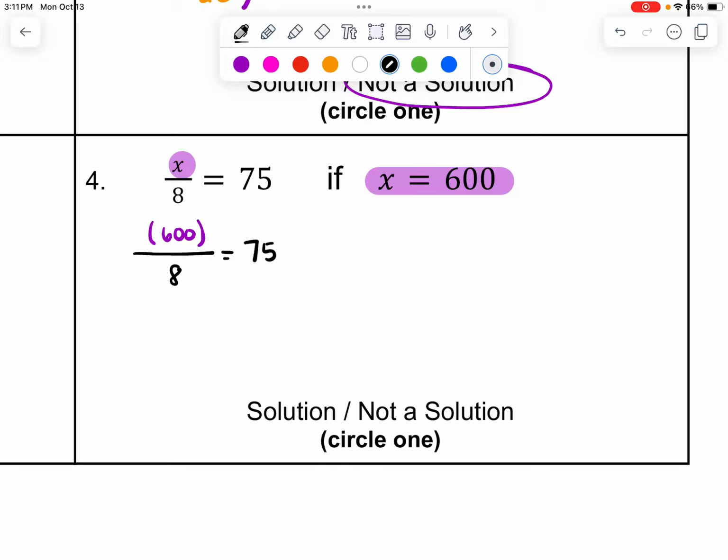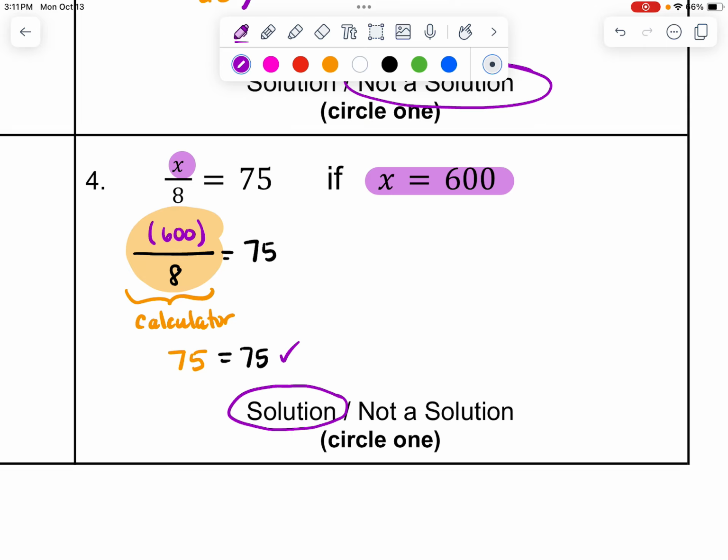Now I will type this in on my calculator. I get 75. Then I will copy. This is equal. This is a solution.